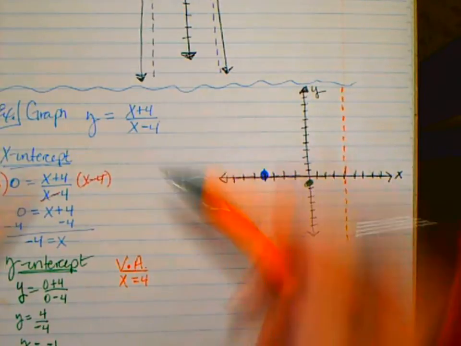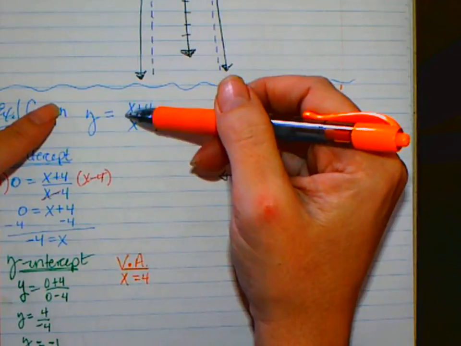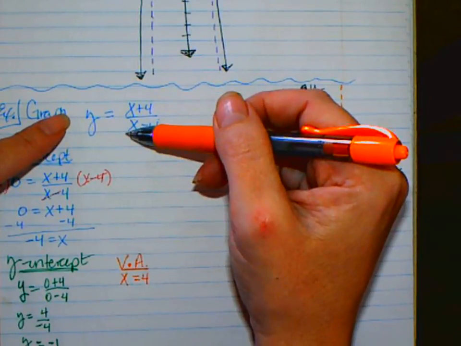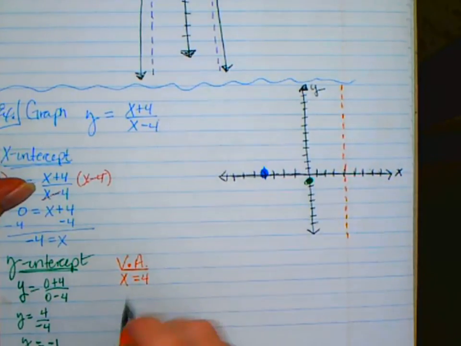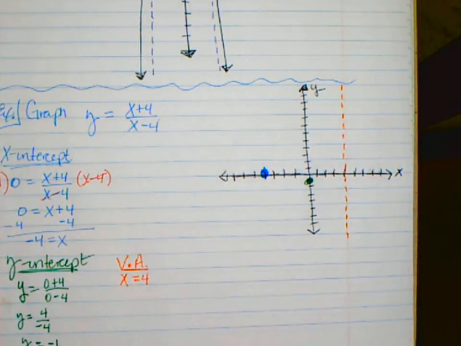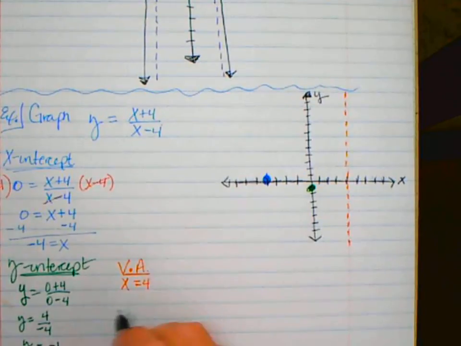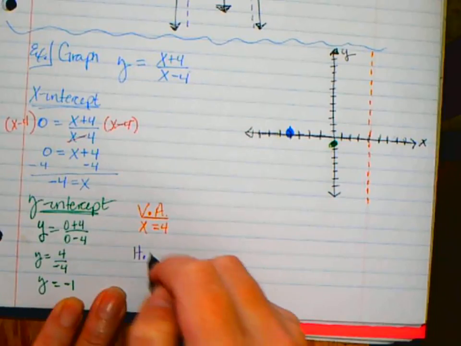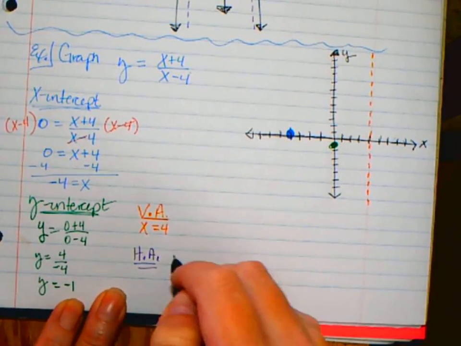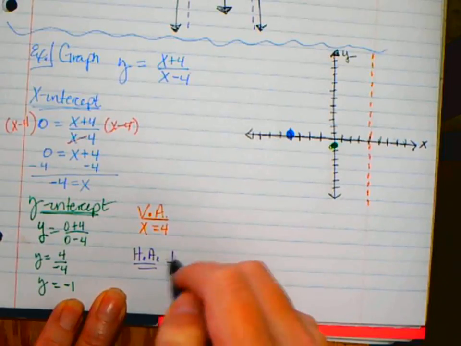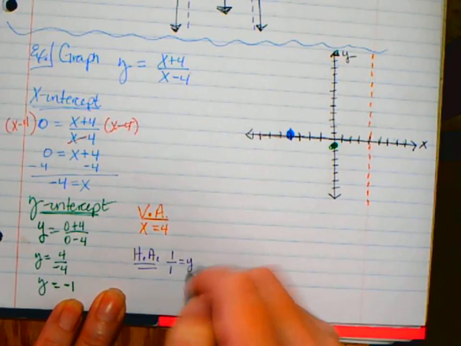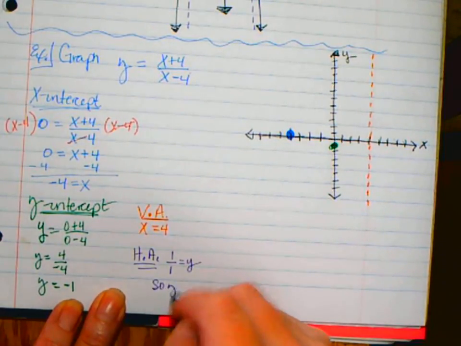So what's the leading coefficient? 1. Divided by? 1. So a is 1, b is 1, right? So what is the equation of our horizontal asymptote? 1. Whoops, I should have put a y equals. So y equals 1.